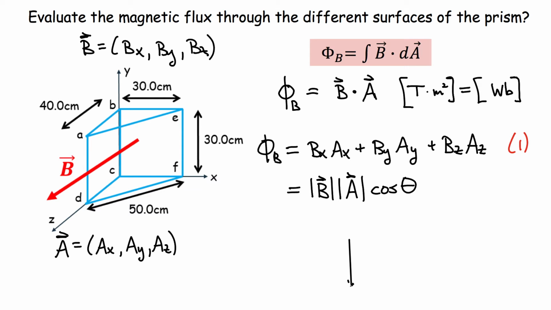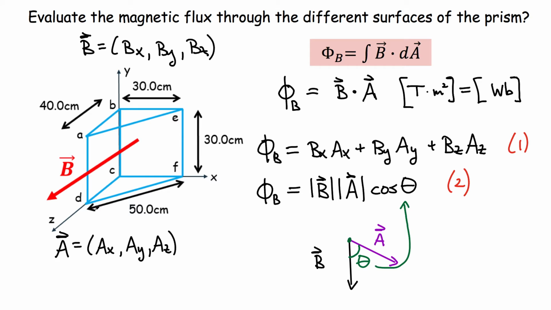For example, if I have the vector B pointing in this direction, and the area vector pointing in this direction, the angle between them would be this one. You have to start the vectors at the same point. So this would be the angle theta that I would use to calculate the flux through this area A. Again, both of these equations represent the same thing. They're just two different ways to represent the scalar product between two vectors.